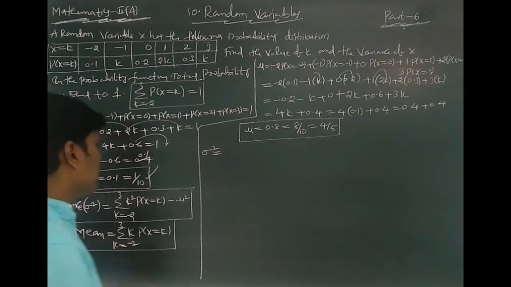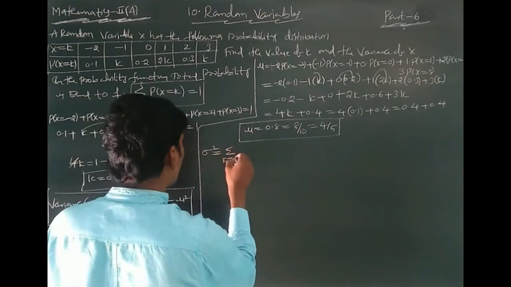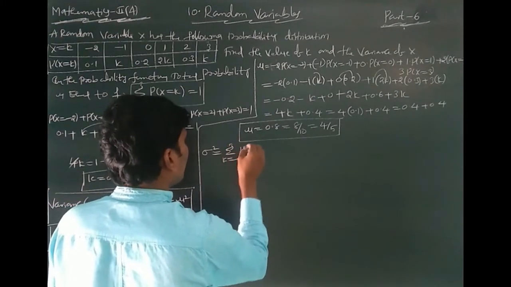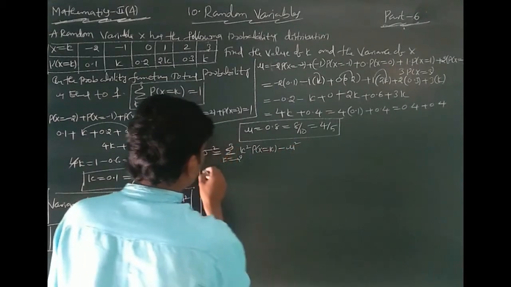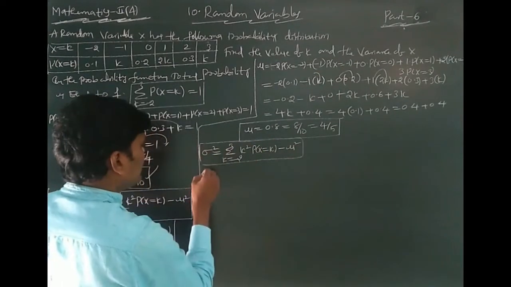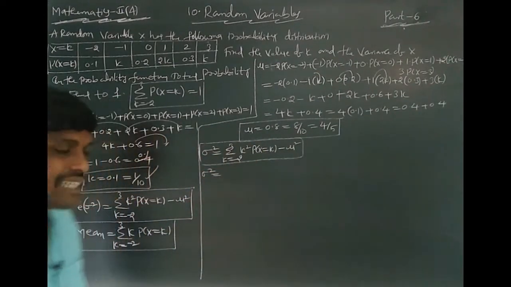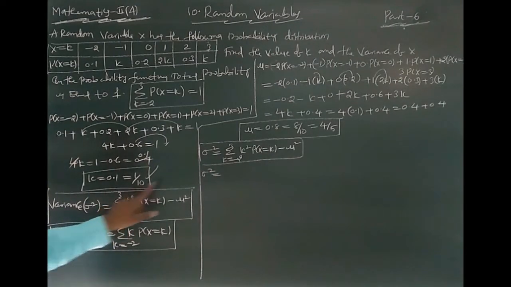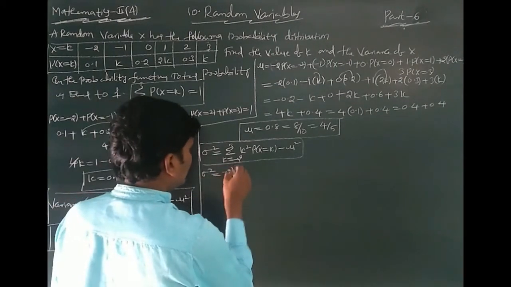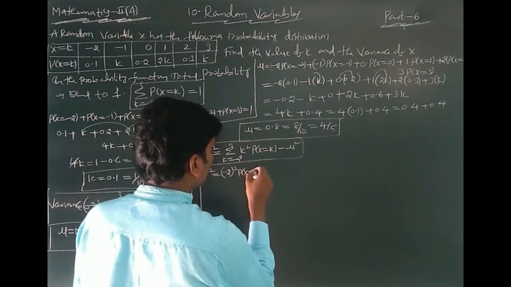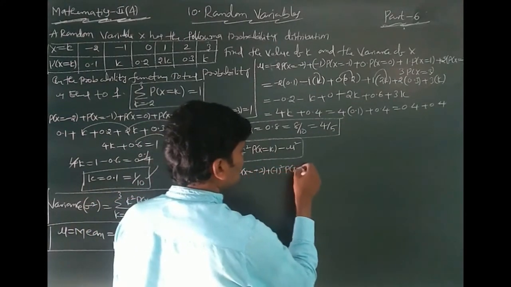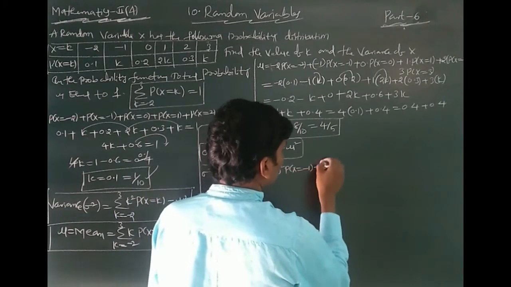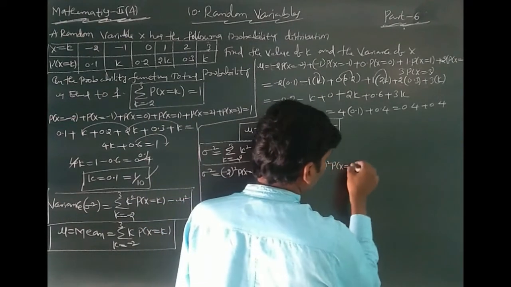What is that variance formula? Summation of k is equal to minus 2 to 3, k square into p of x is equal to k, minus mu square. In this formula, separated, you get k square. K square, nothing but k. K value, how much? First of all, minus 2. Minus 2 square into p of x equal to minus 2. Plus minus 1 square into p of x is equal to minus 1. Plus 0 square into p of x is equal to 0.